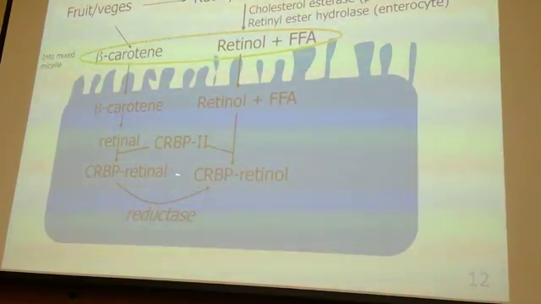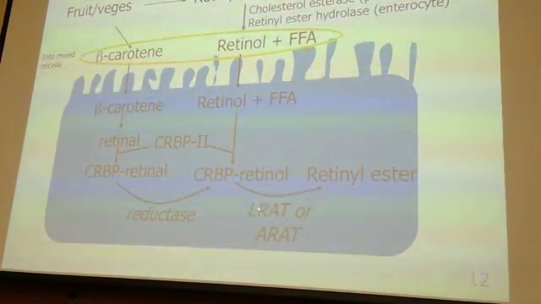Often these are bound by our cellular retinol binding protein. The retinal can be reduced to form retinol, and then these can be modified again and reesterified by LRAT or ARAT back to our retinol ester. Right? So just the same kind of idea. We take off the fatty acid, we move them into the cell, we stick the fatty acid back on using an acyl transferase.